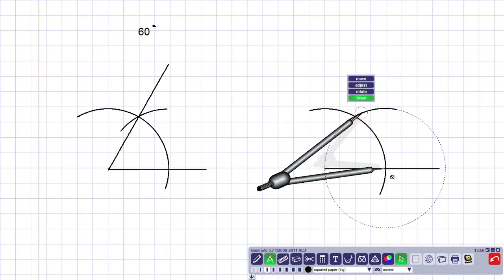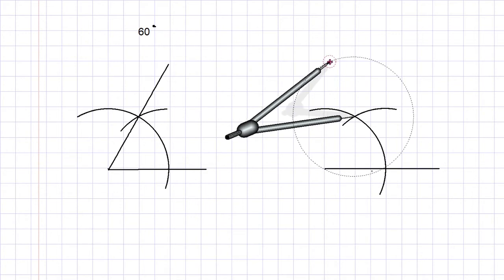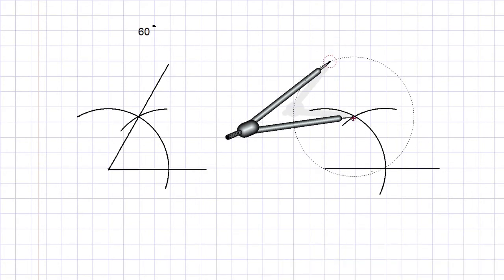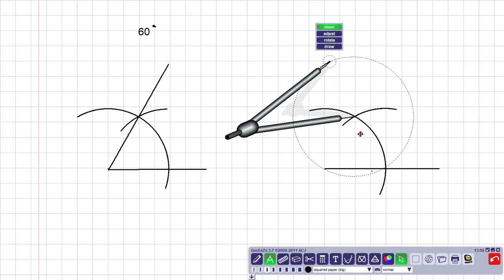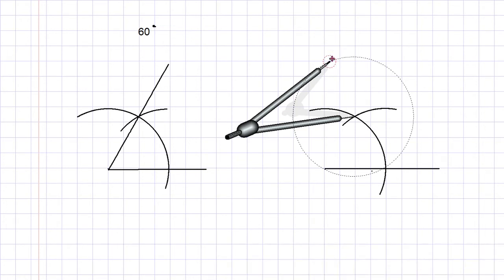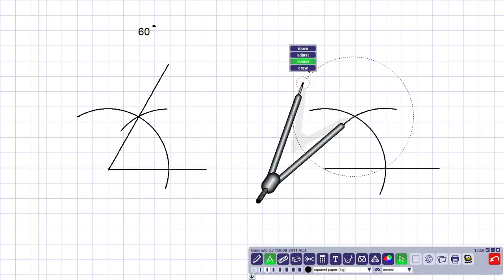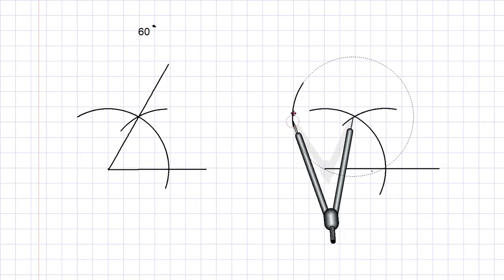Now we want to construct a 120 degrees angle. Therefore, I will move this compass to here. Now I will draw the arc.